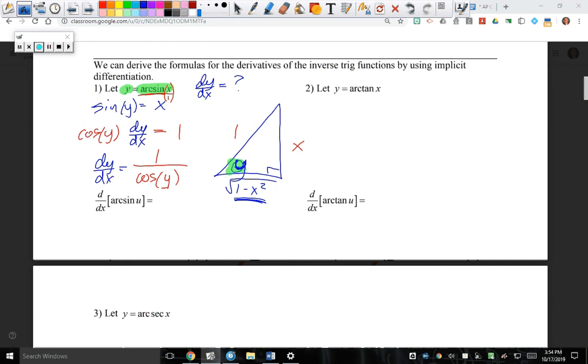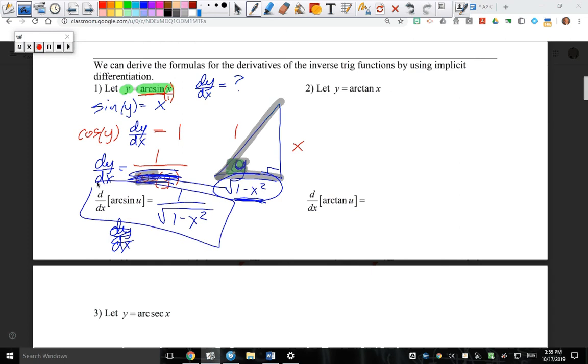So if I said, what is the cosine of y? You would say the adjacent over the hypotenuse, which is just this over 1, right? So we're going to put that all right here, so that the derivative rule of arc sine is 1 over the square root of 1 minus x squared.